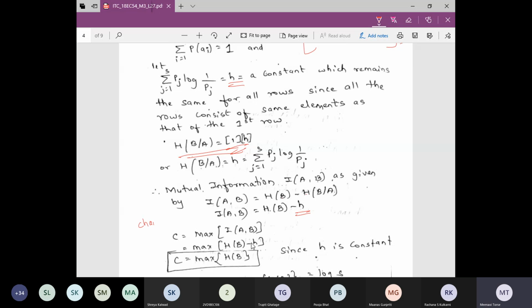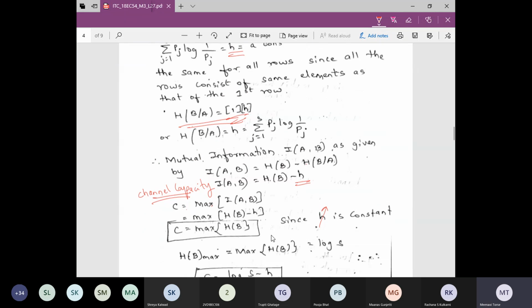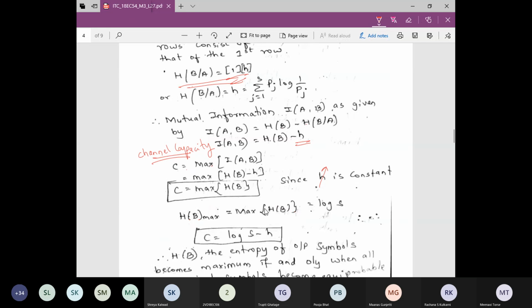Therefore, channel capacity can be written as C equals maximum of mutual information. Since H is a constant, channel capacity is equal to maximum of H of B. And this H of B is nothing but the output entropy.